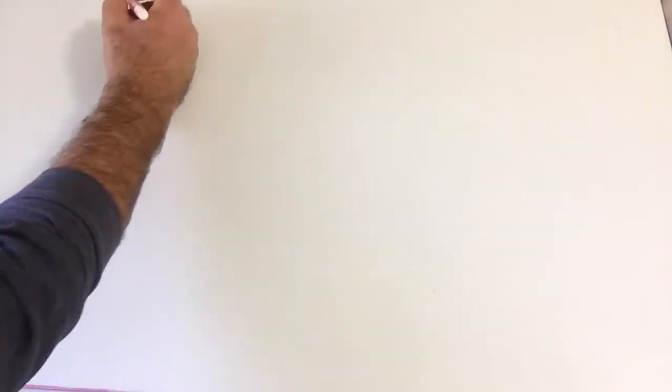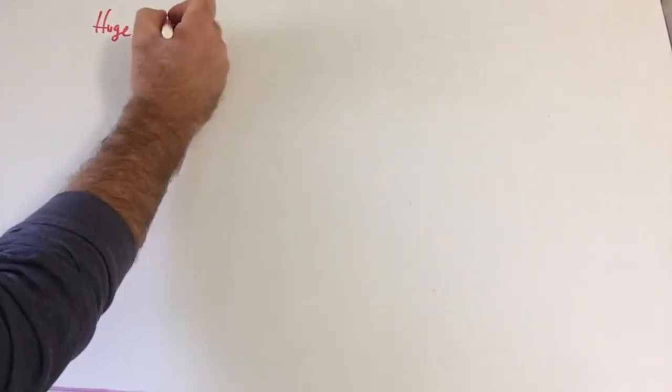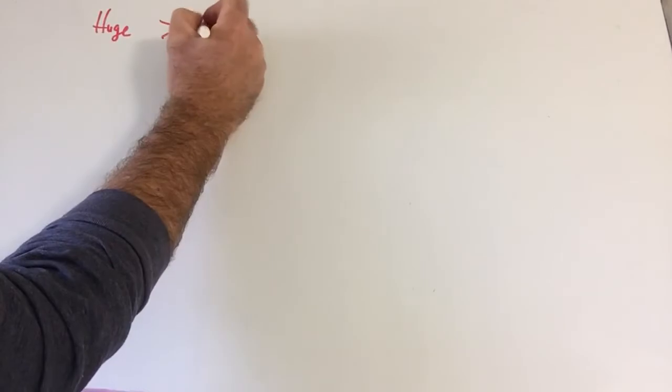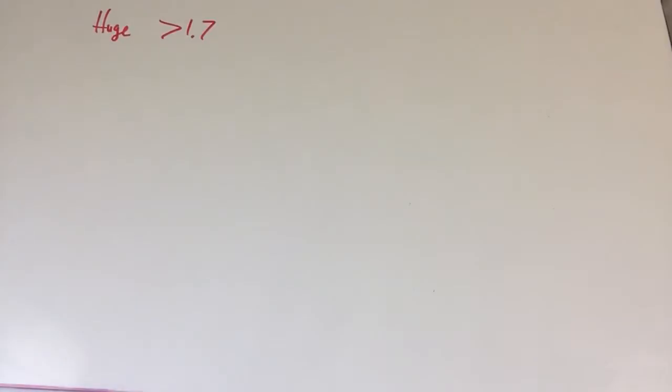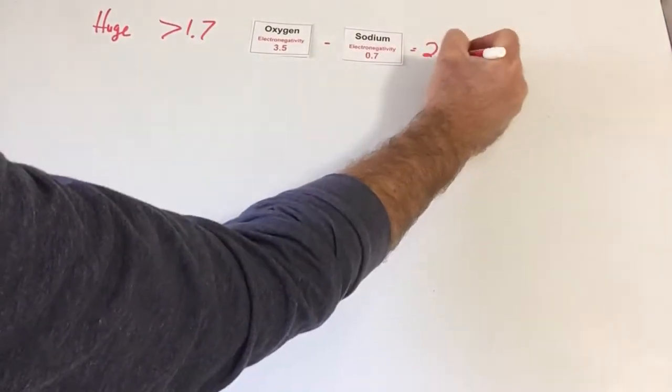So electronegativity, the differences in them give us different behaviors. Looking at this again, if there is a huge difference, meaning greater than 1.7, that would be something like oxygen minus sodium, and that's a difference of 2.8.